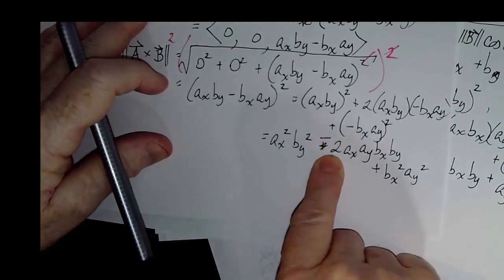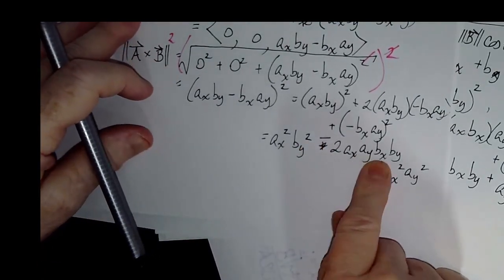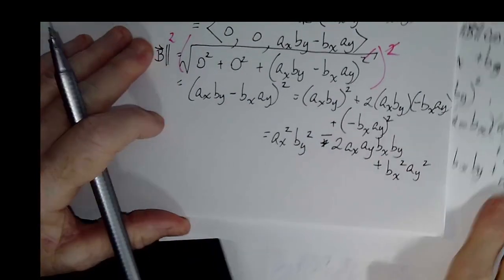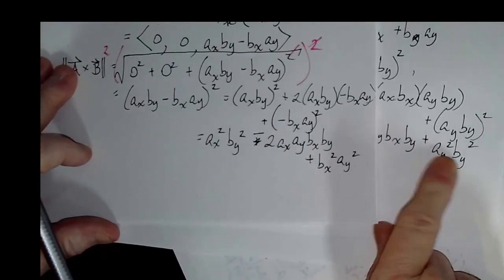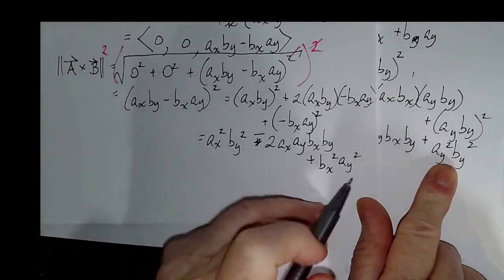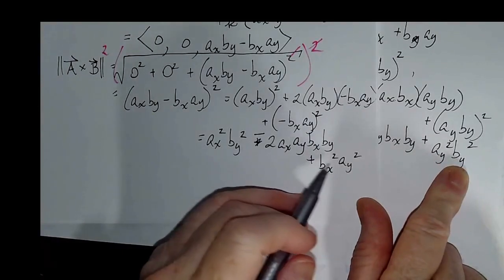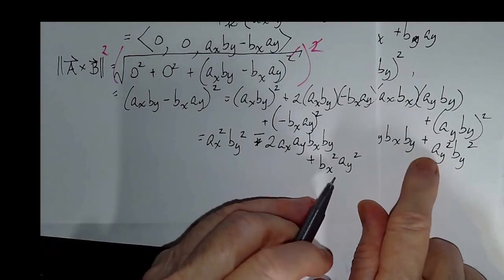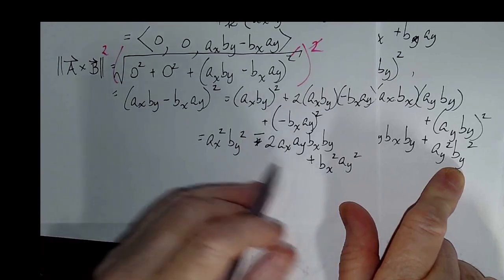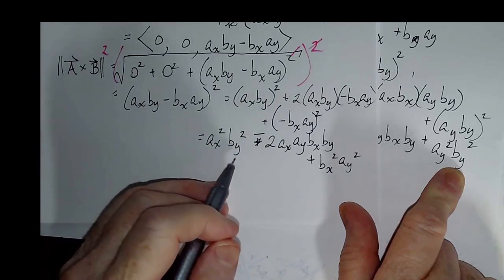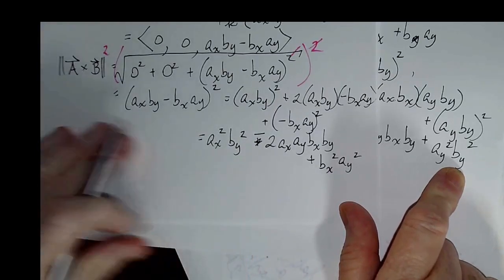That's similar to what we have here. I've got a negative 2 AX AY BX BY, but I don't have any terms that have the same. I've got an AX BY, but I don't have an AX BX.